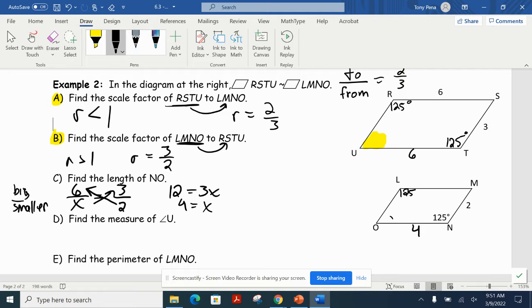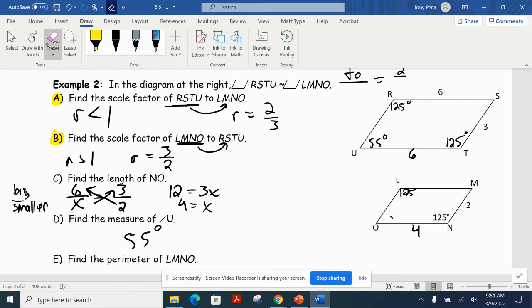Yeah, 180. They are supplementary. So if I have 125, to get this angle right here, I just take the 180, the idea of supplementary, and subtract away the 125 that we have with that consecutive angle. That has to be a 55-degree angle. All right, bringing back some really old stuff from our properties of parallelograms.